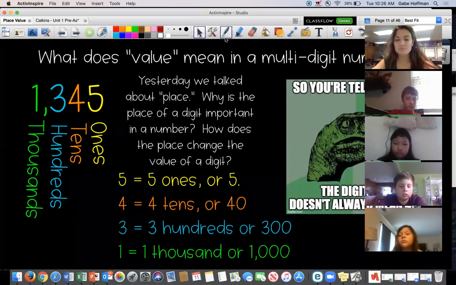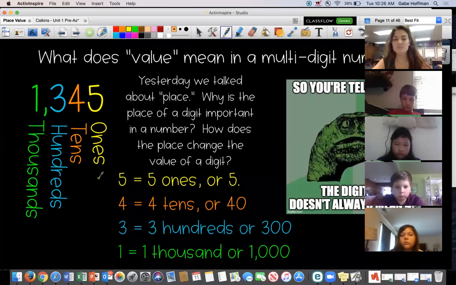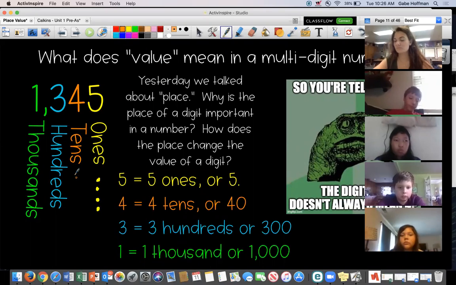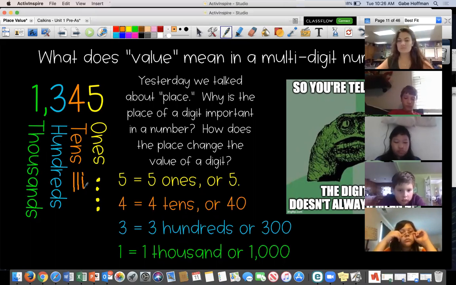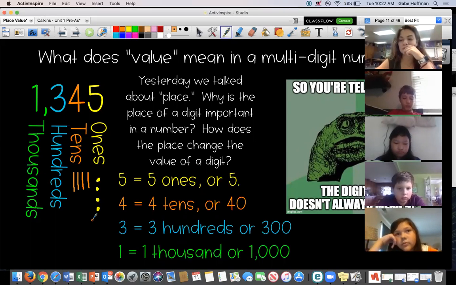So I'm going to try to use my little draw pad here for a second. So if I have 4 ones, it's going to look like this, right? Can you see these little dots I'm making? So you have 1, 2, 3, 4. There's your 4 ones. If I have 4 tens, I'm going to have those lines, right? 10, 20, 30, and 40. So there's a difference, right, between the ones and the tens.